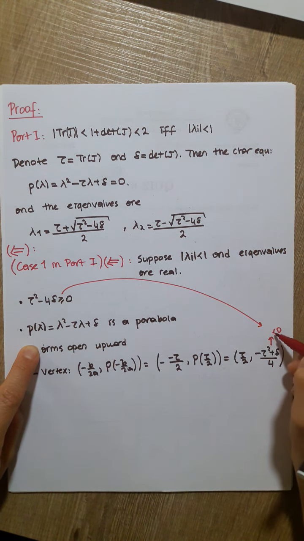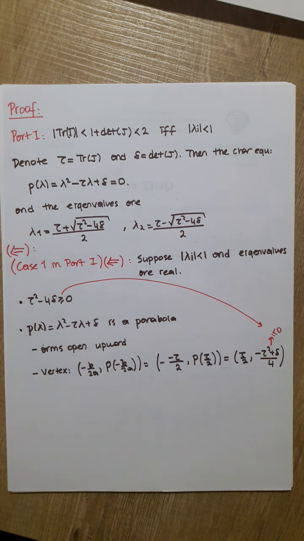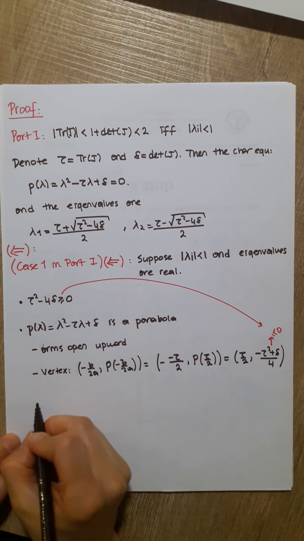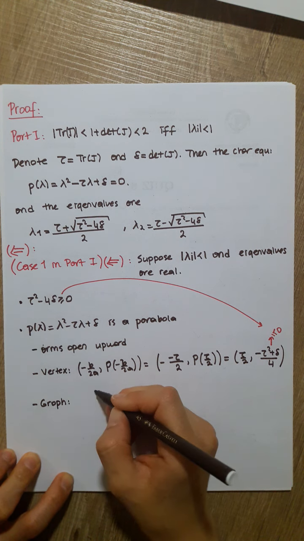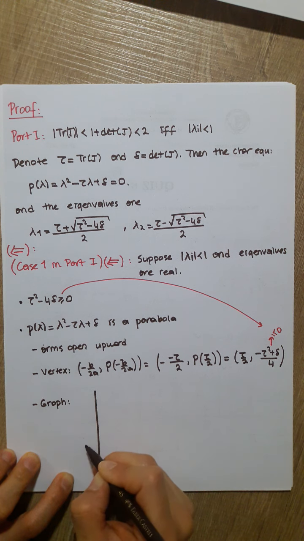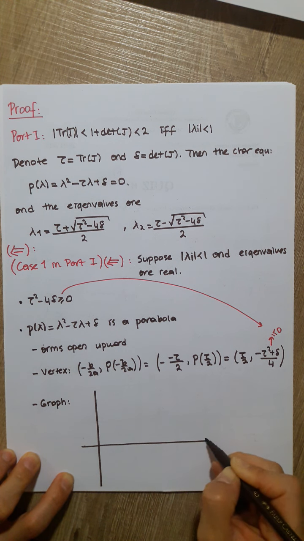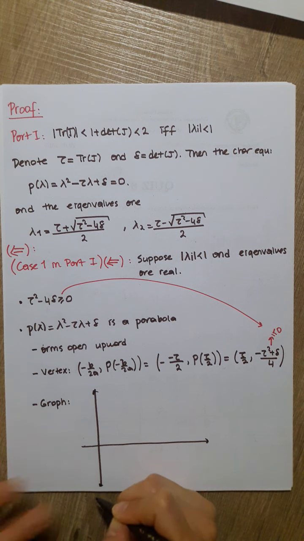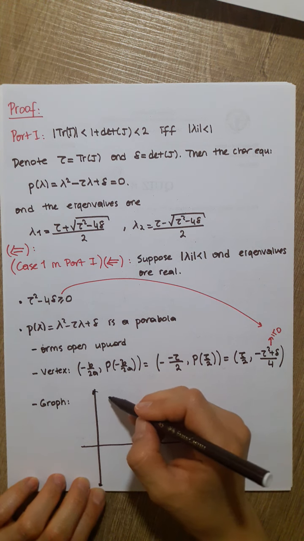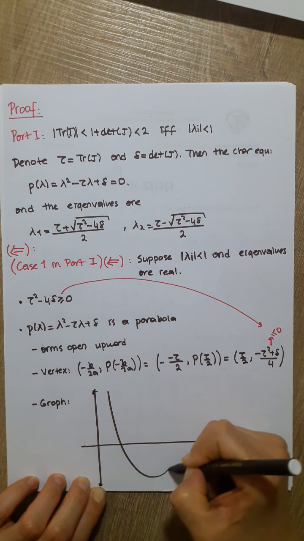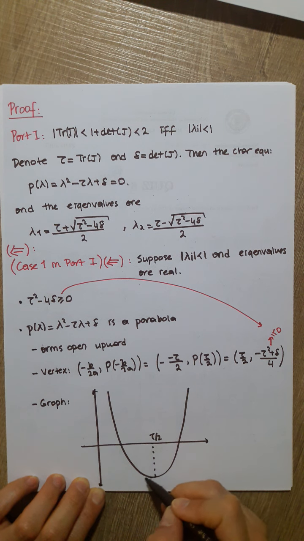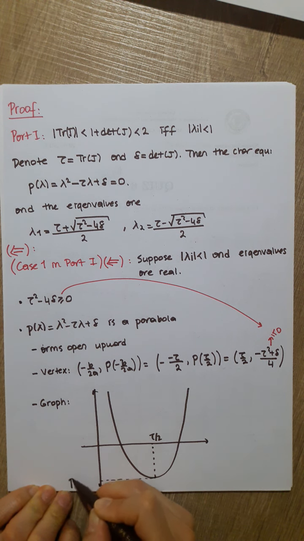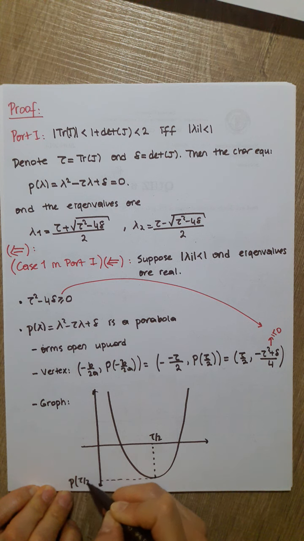Because of that, the graph of this parabola will be something like that. This is the vertex, occurs at tau over 2. And this is P of tau over 2.